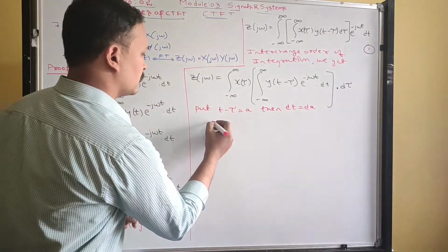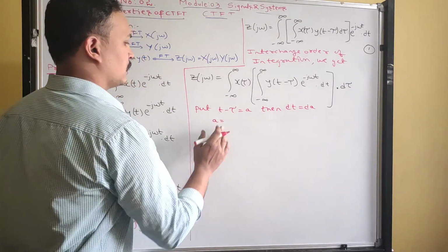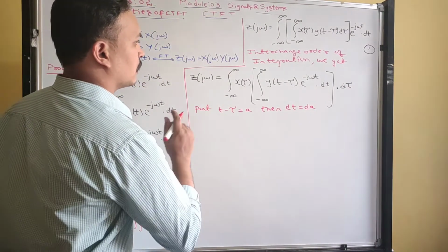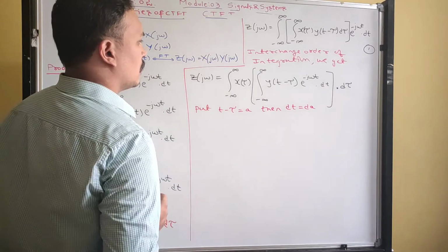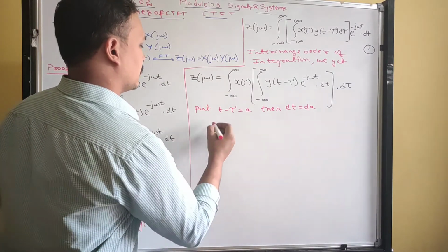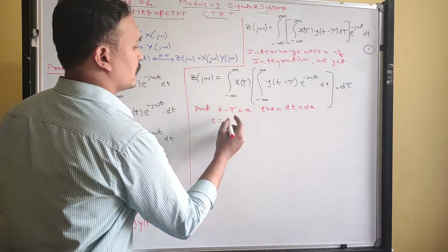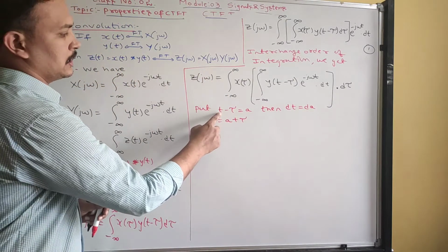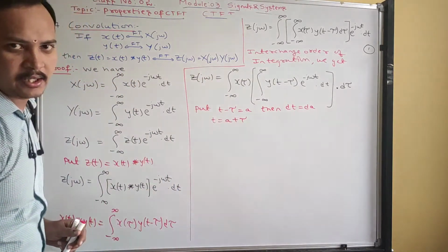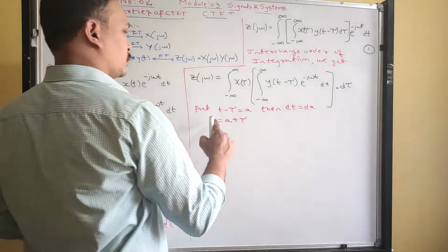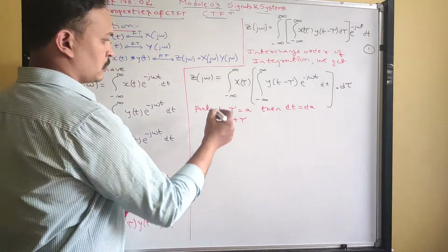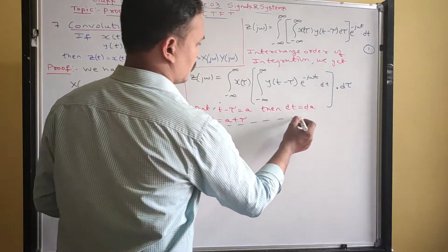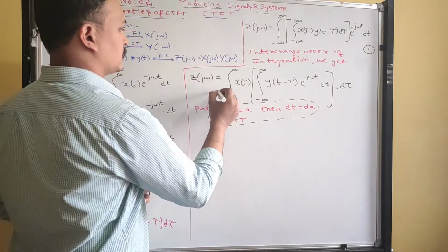Now from this we can write t is equal to a plus tau; taking minus tau to the right side, it becomes plus tau. Use all these notations on this equation.